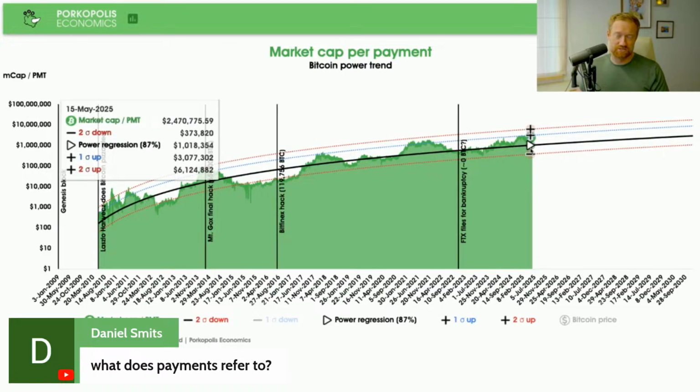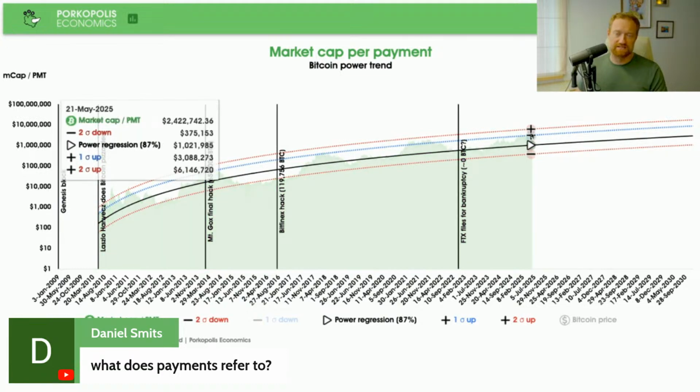So transactions can be 300 to 400,000 per day. Payments are like 1 million right now. So this is the market cap divided by a payment to give us that linkage of like an on-chain thing versus a market value thing. And in doing this, we start to create something that's like Metcalfe's law.